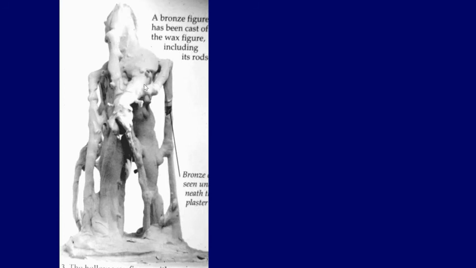So here's how a bronze sculpture is made. First you make a sculpture out of wax. And then you put tubes into that wax sculpture, and you cover that wax sculpture in something kind of like plaster of Paris. And what happens to wax when you heat it up? It melts.